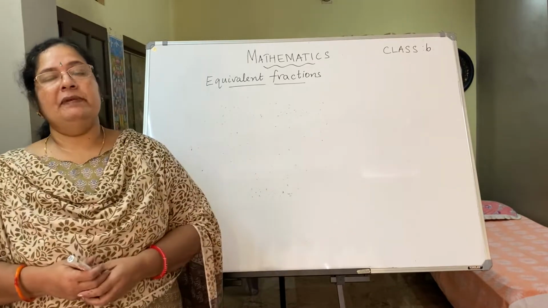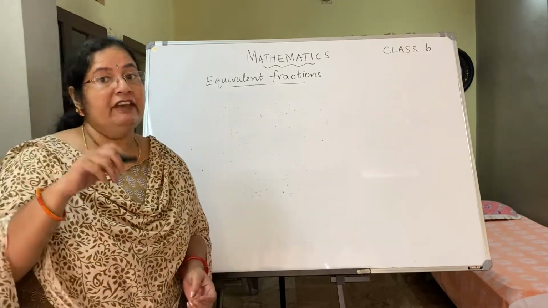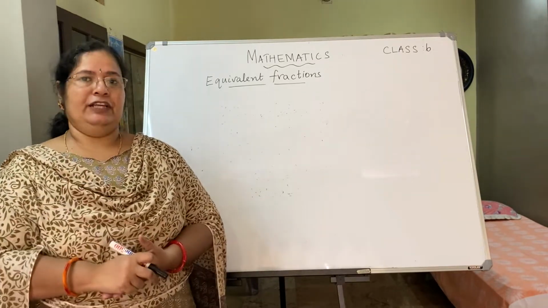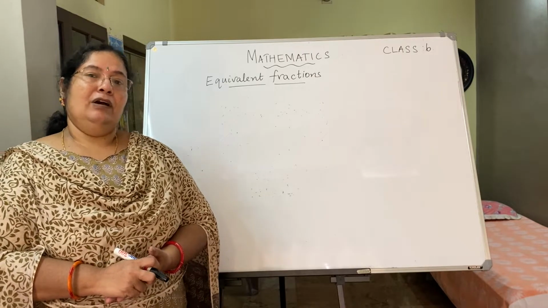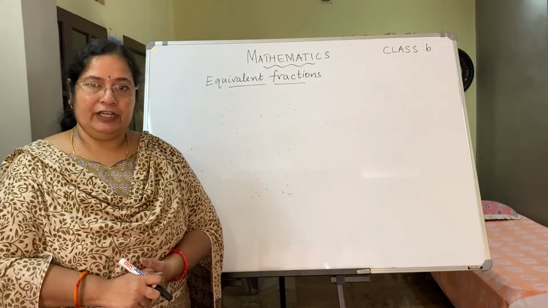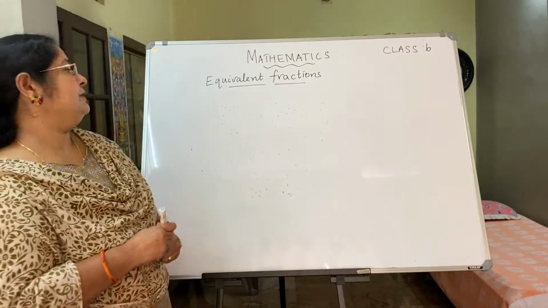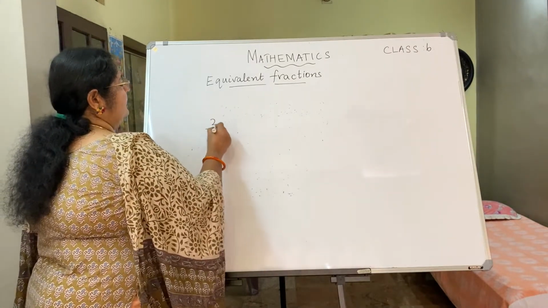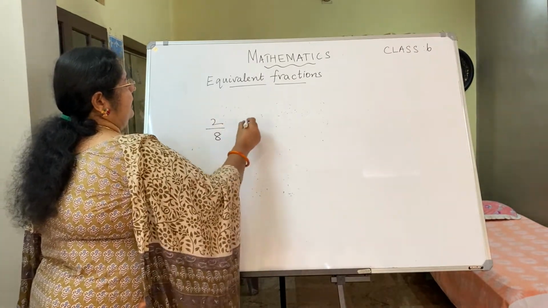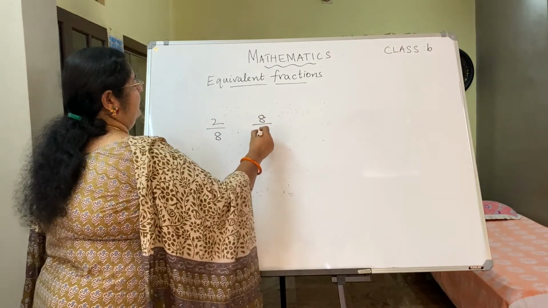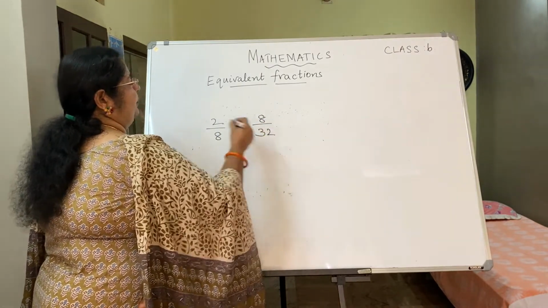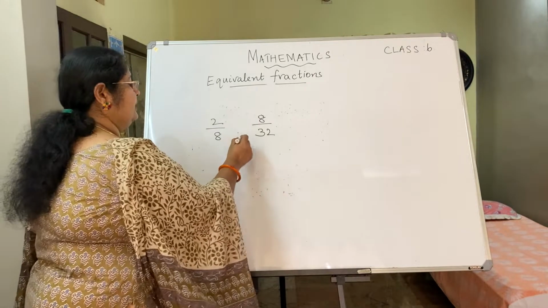Now, sometimes you may be given two fractions and asked to find out whether they are equivalent fractions. Now, how to find whether the given fractions are equivalent? So, supposing you have 2 by 8 and 8 by 32. These are the two fractions given.